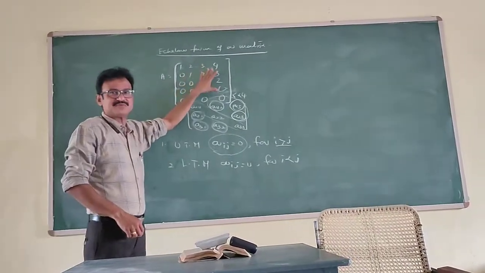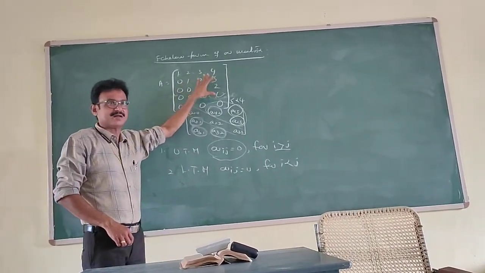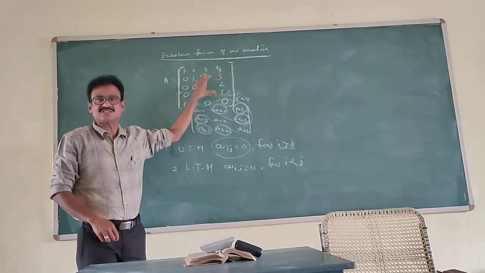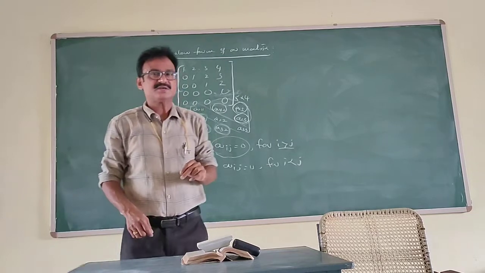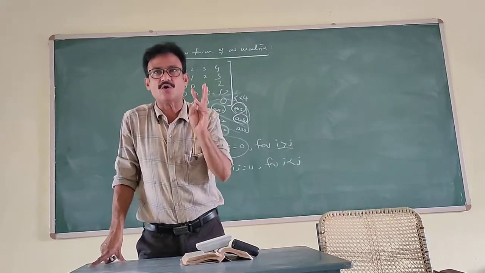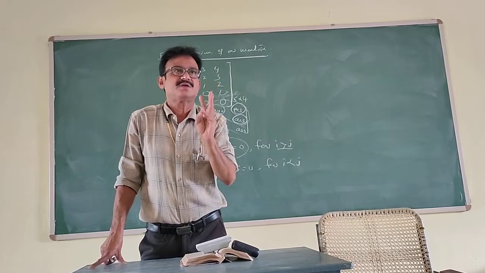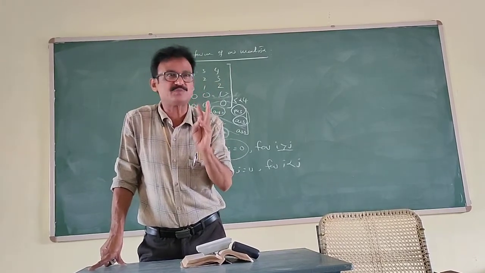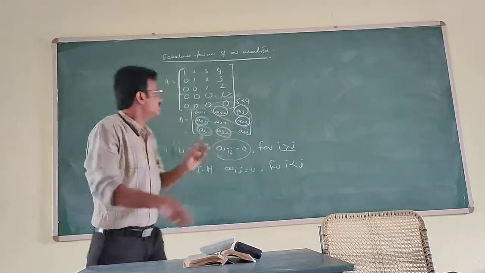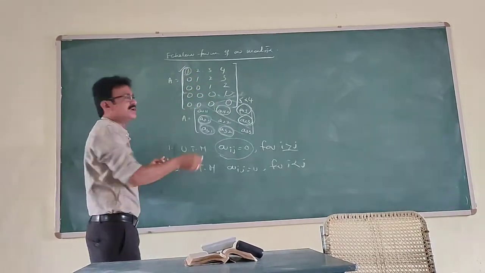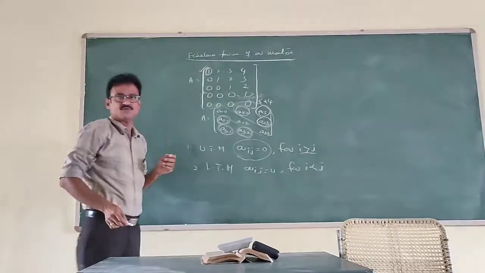It is in echelon form. Why? Because it satisfies the two important points. One is that in every row the first non-zero element must be unity. Unity means 1. Here, in the first row, the first non-zero element, meaning not equal to 0, is 1.